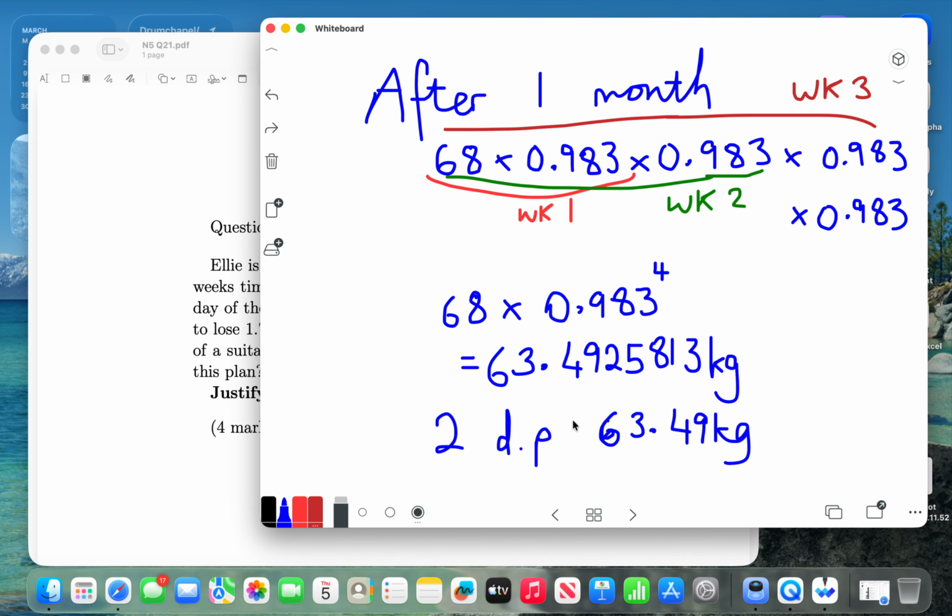So after 4 weeks of this diet, she weighs 63.49 kilograms. Now this is less than 64, which was the condition required for her to compete in the boxing match.